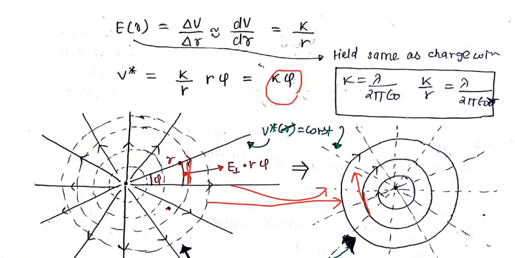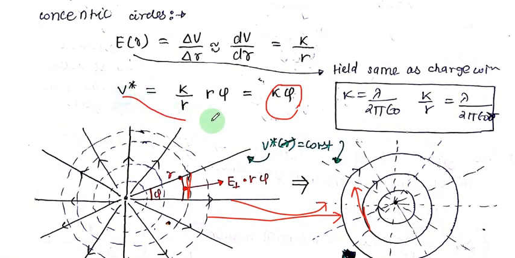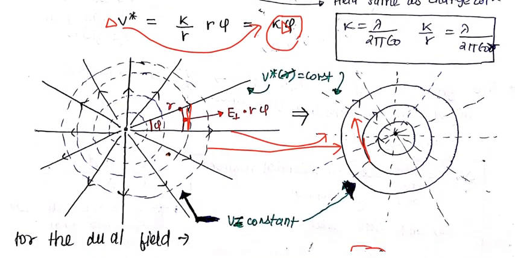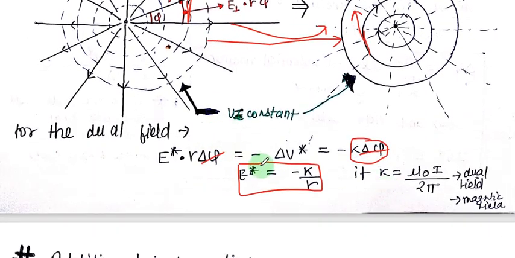We already know that V star is equal to K delta psi, and since K is a constant, this is delta V, and delta V means K delta psi. So if I just do that here, I'll get this relation, and since it is minus delta V, I will get minus K delta psi.